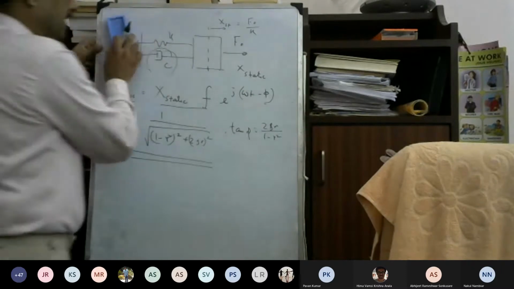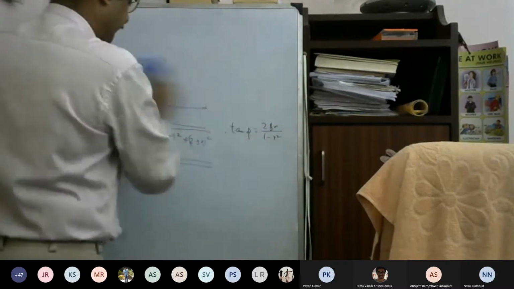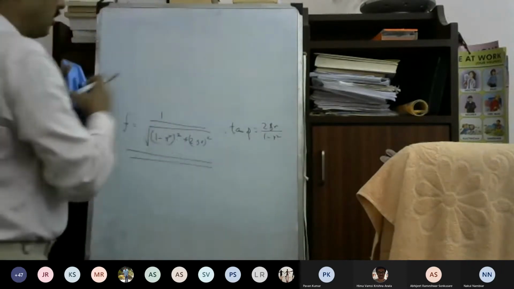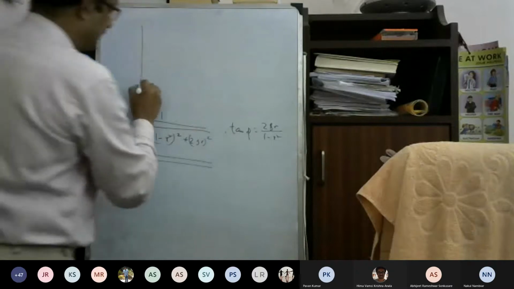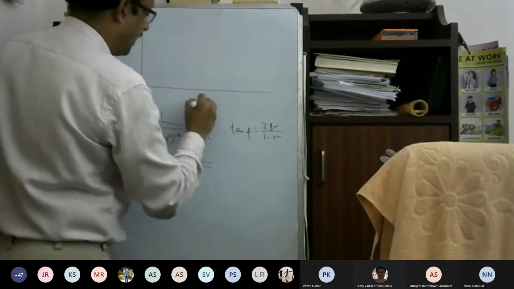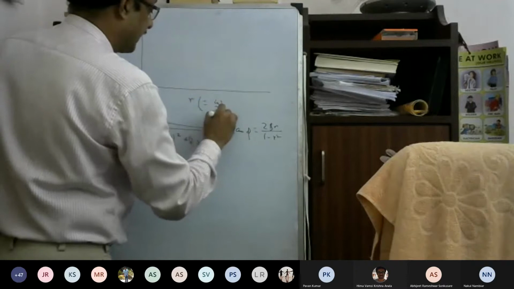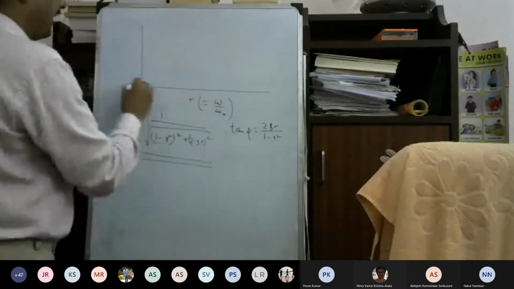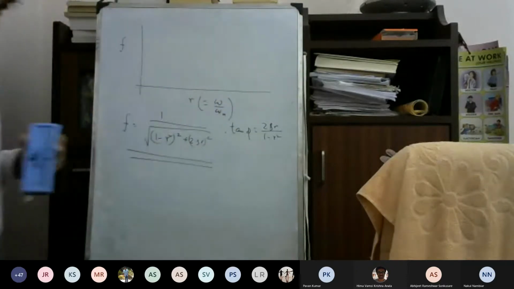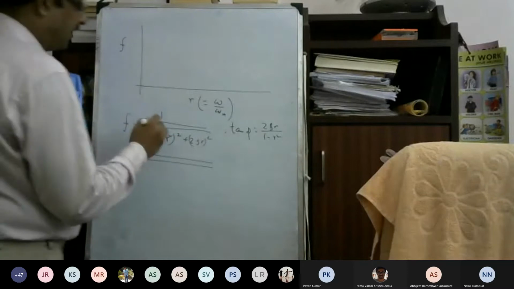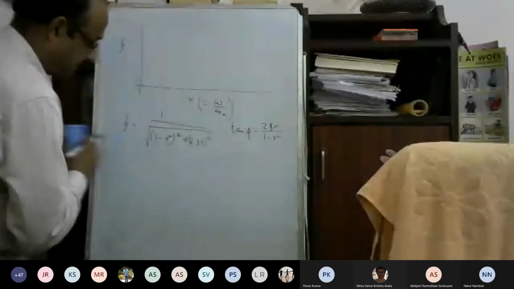So what I will write down now is this F. Let me draw this F with respect to r, where r is equal to omega by omega n, and this is the magnification factor. When r is equal to 0, F is equal to 1.